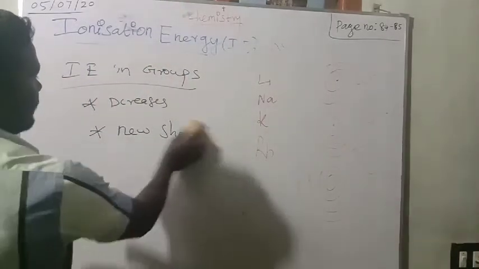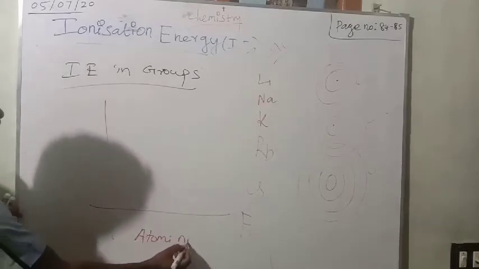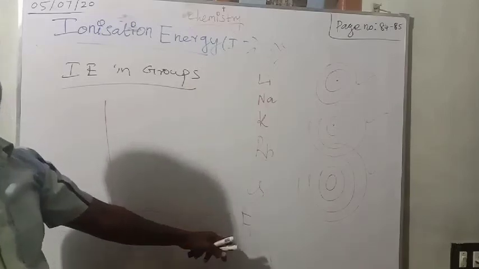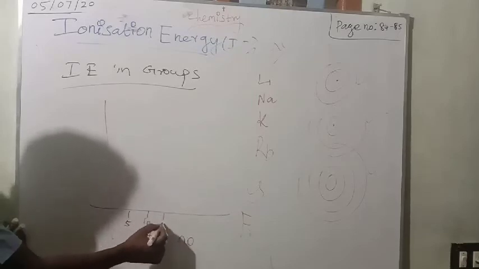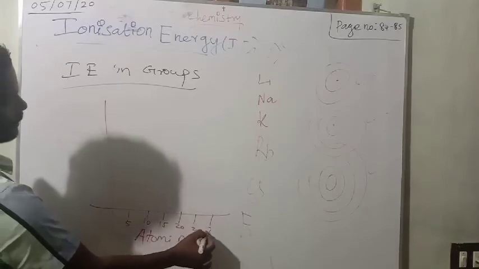Here also we can plot a graph for this first group elements. Here as usual atomic number. We need to write more numbers of atomic number, so we can take 5, 10, 15, 20, 25, 30, right?